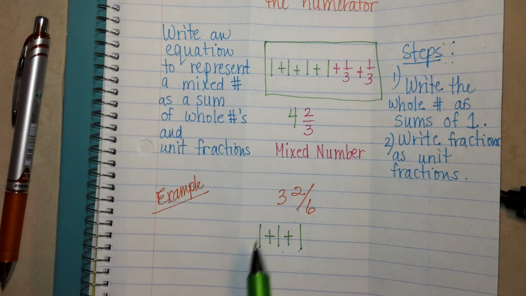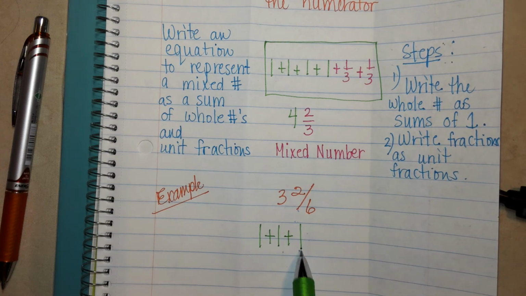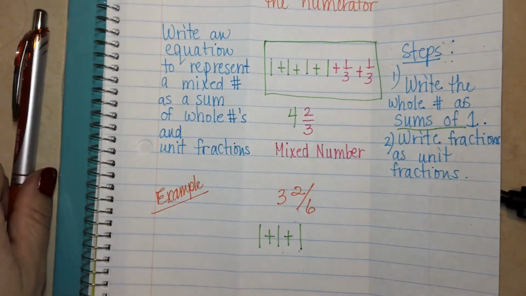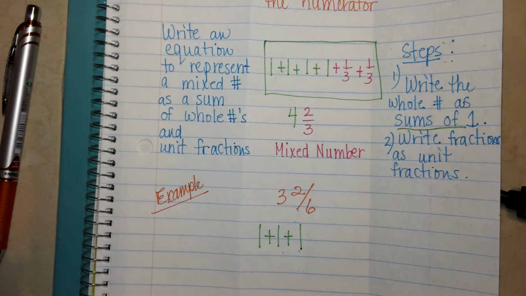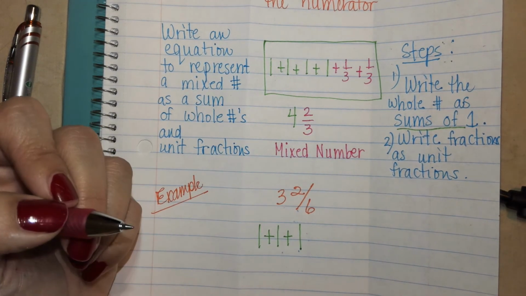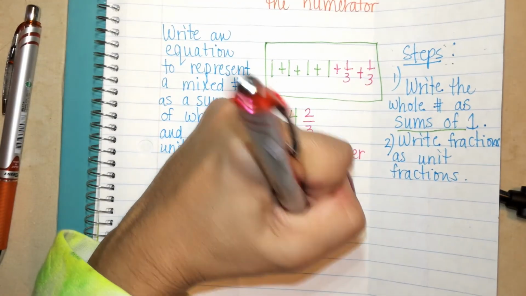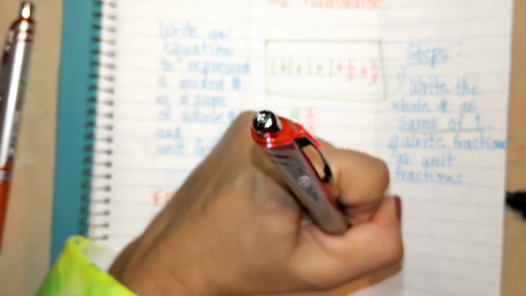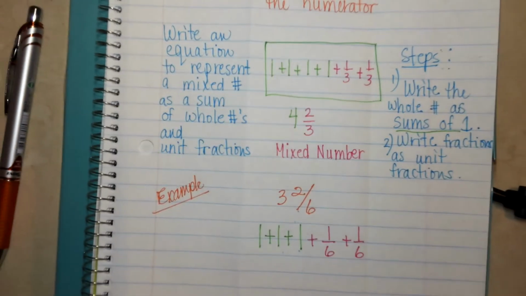So we have the number 3, 1 plus 1 plus 1. That's the sums of 1. Then we need to make 2/6, so that would be plus 1/6 plus 1/6. These are unit fractions.